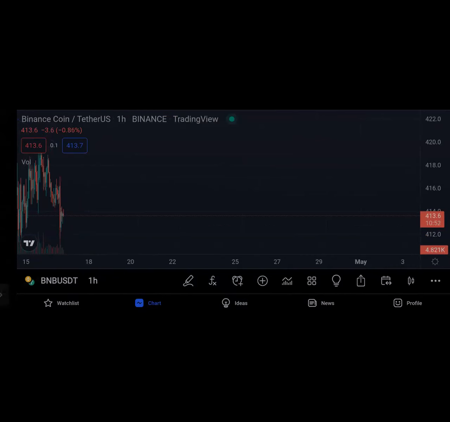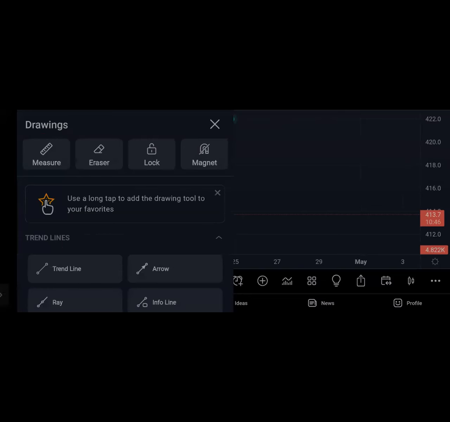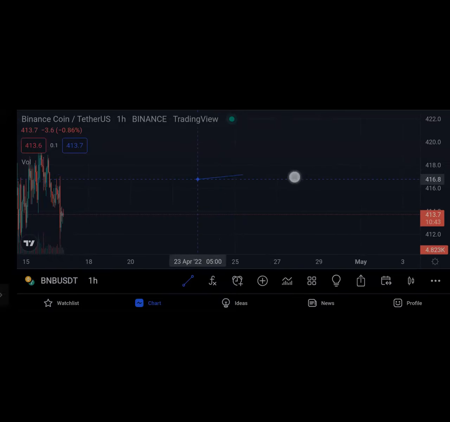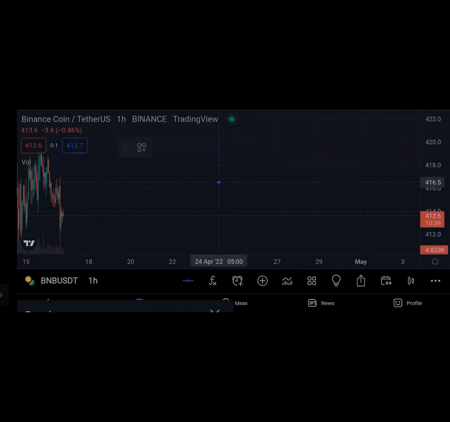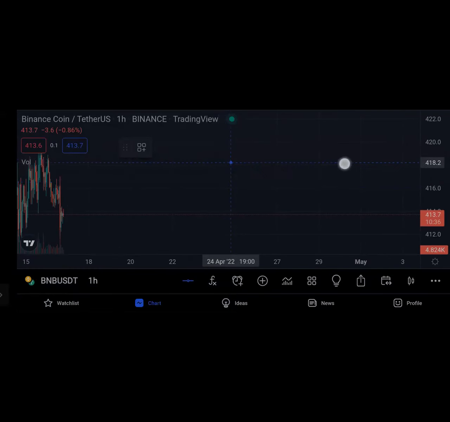Horizontal means a straight line. Let me just show you. This is what they mean by horizontal. Can you see the name there? Horizontal trend line. So this is the first trend line that comes in place.